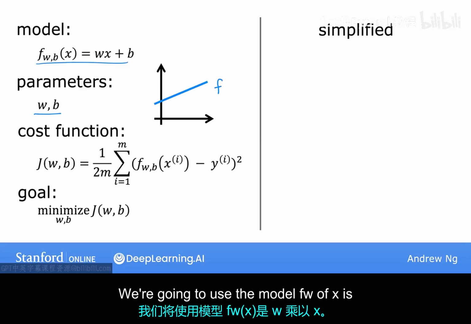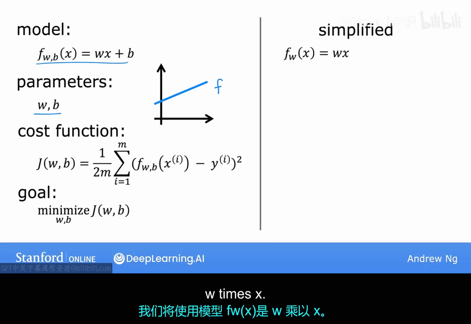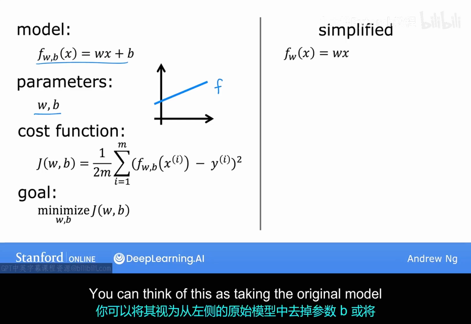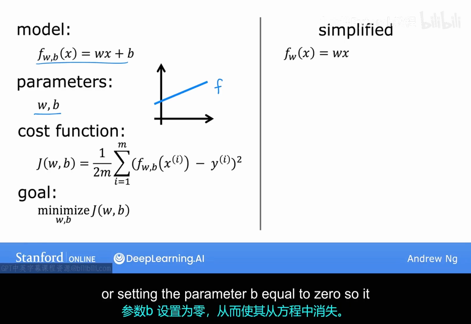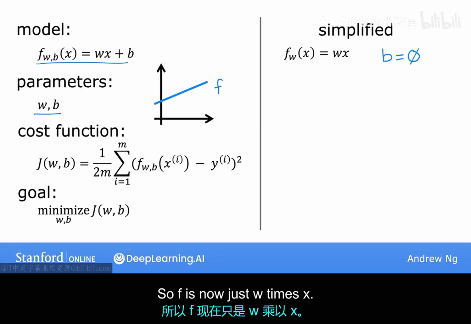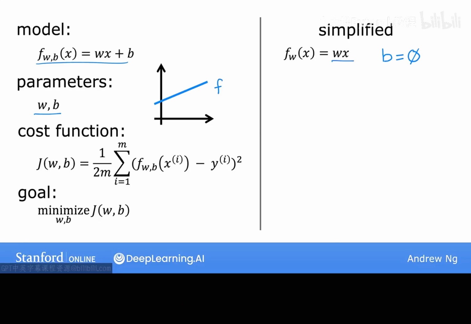We're going to use the model f w of x is w times x. You can think of this as taking the original model on the left and getting rid of the parameter b, or setting the parameter b equal to 0, so it just goes away from the equation. So f is now just w times x.